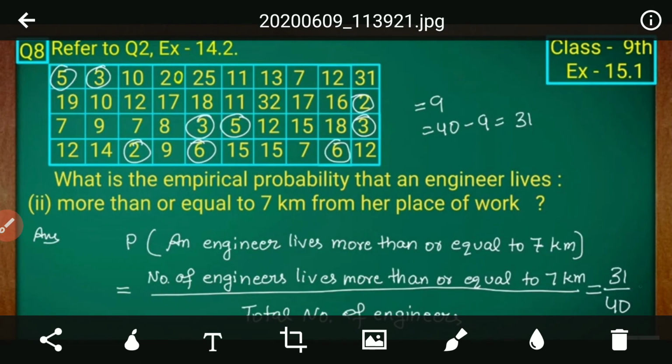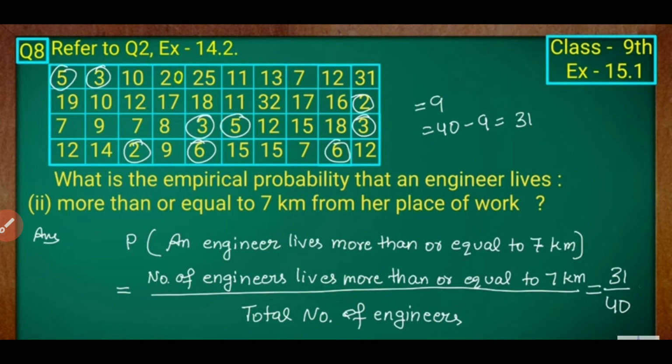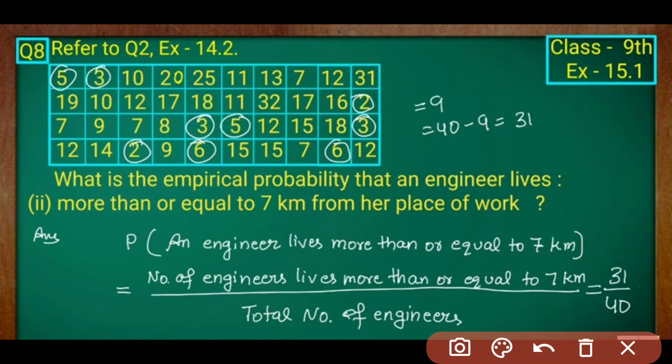Let's check the second probability. Condition 2 is talking about more than or equal to 7. Now you have already found less than 7. You remove the less than 7 from the total, then ultimately 31 will be more than or equal to 7.